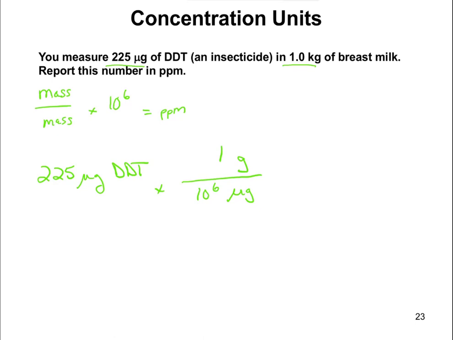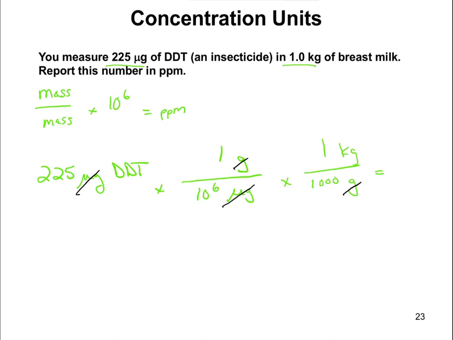So now that allows us to cancel out microgram and microgram. However, we're not done because we want to have this number in kilograms. And we also know that the conversion from kilogram to gram is 1,000 grams per 1 kilogram. Gram is going to cancel, and this gives us an answer that is 225 divided by 1 million and then divided by another 1,000.